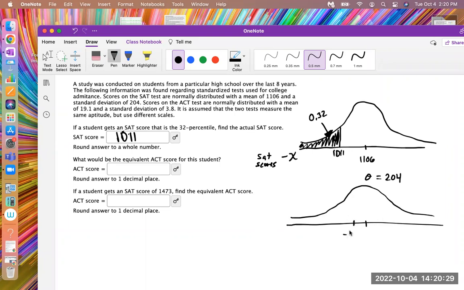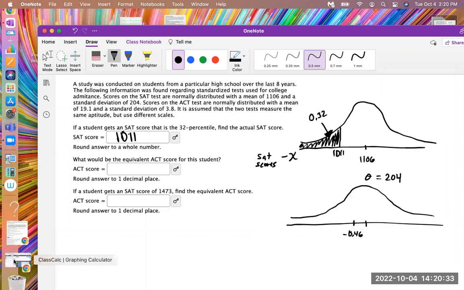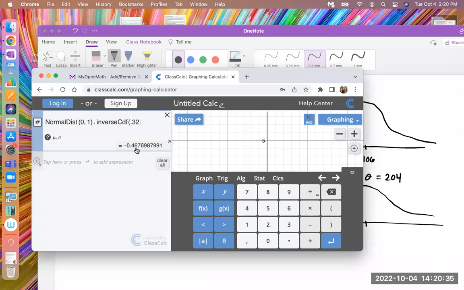It's negative 0.46. Let's get more decimal places: 0.4676, I would round up to 0.4677. Okay, so I'm just gonna use 0.4677.